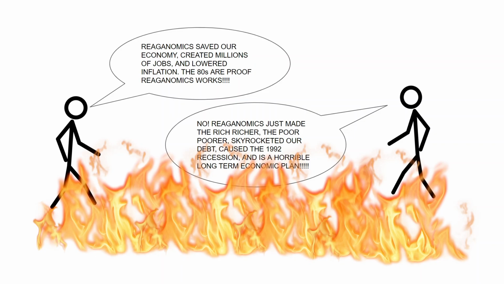And simply, their main argument is that why Reaganomics is bad is because though it might have been great in the 80s, it is a horrible long-term economic plan. Again, there are pros and cons on both sides of the aisle.